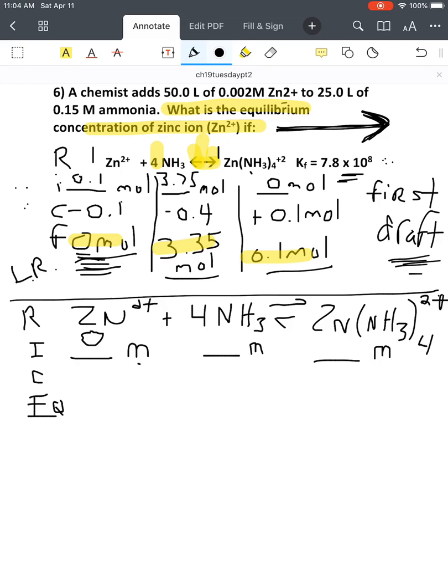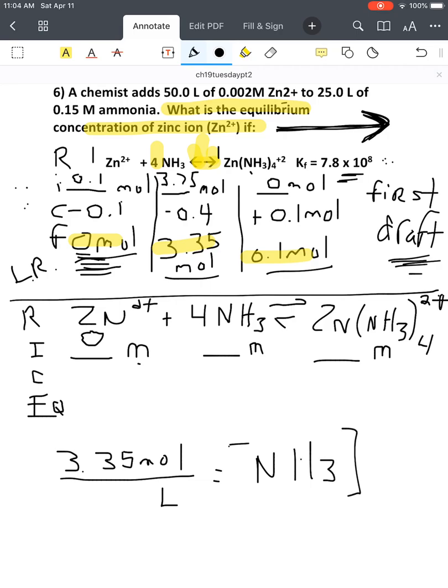However, my first draft predicted that I had 3.35 moles of the ammonia left over. Just couldn't use it up. So I could compute the ammonia molarity by taking that 3.35 moles that was left over, dividing by the total volume. Now I'm looking back to the original problem, and it seems to me that 75 liters is our total volume after these materials are mixed.